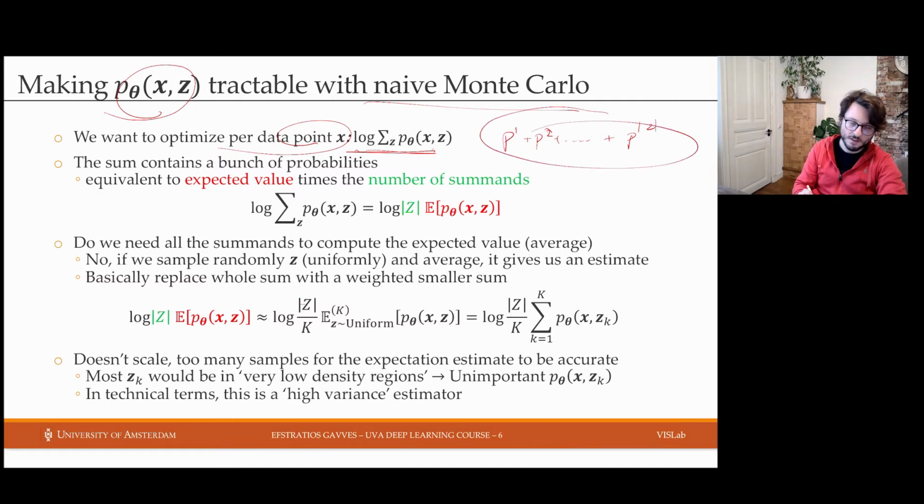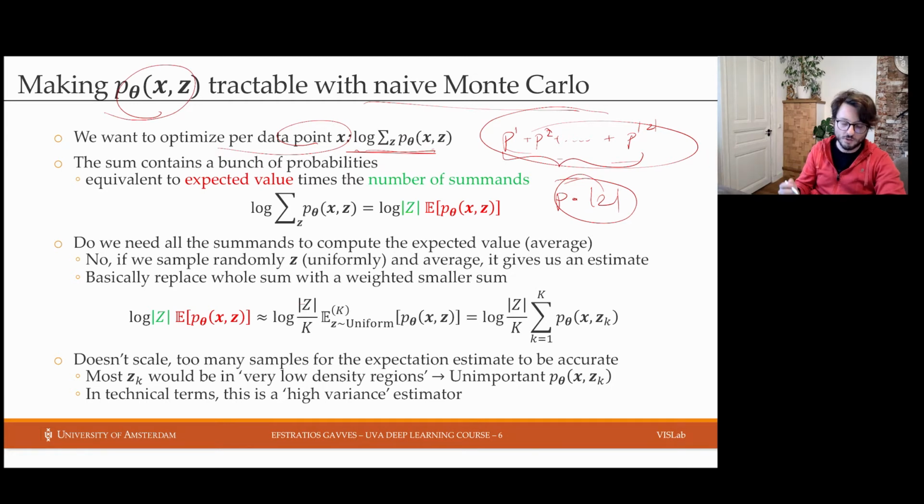We could approximate this summation. This summation is the quantity we want to compute. We can approximate it by taking an average, right? So if we were to take an average P like that, and then multiply it with the number of components here, the summands, we would be able to reformulate our summation.